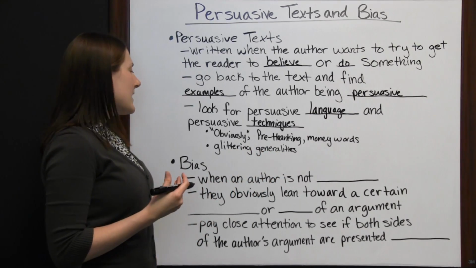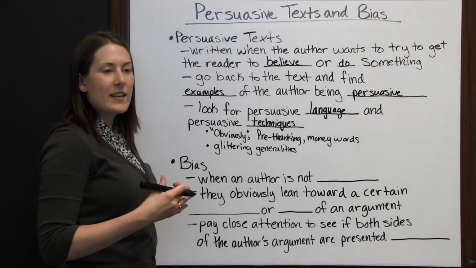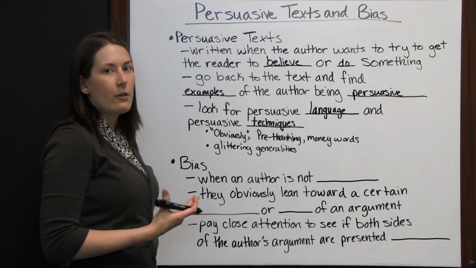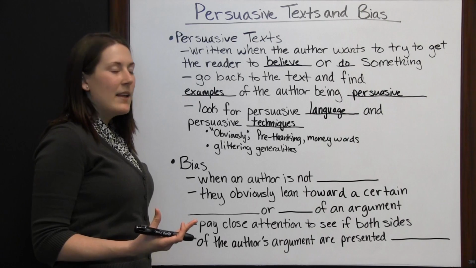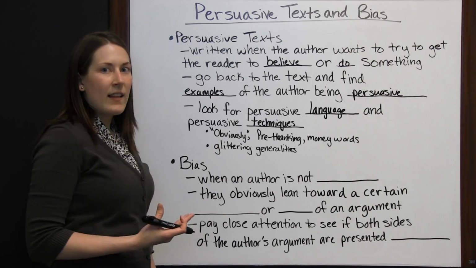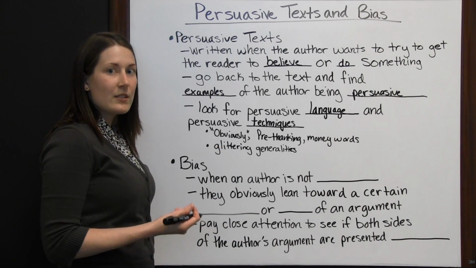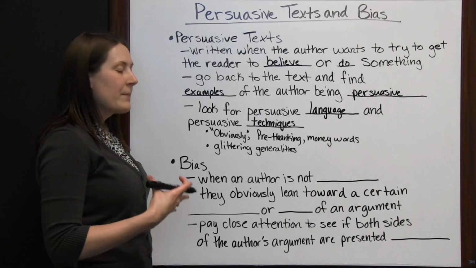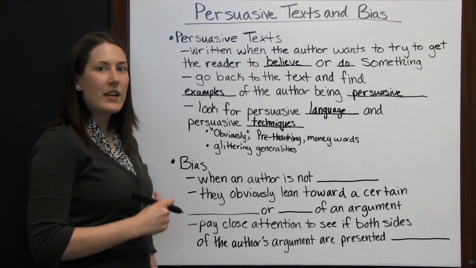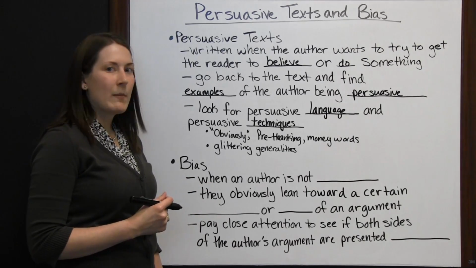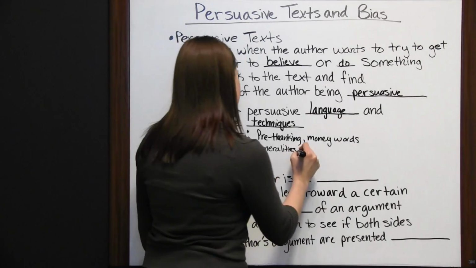It doesn't have any real meaning behind it. So if I said something was good or fair or the best, well, if I don't have any evidence to back that up, then I'm just using a glittering generality. But hearing those kind of words like good and best, fair, those are words that have a positive connotation and start to persuade you that, oh, what I'm hearing about is a good thing.